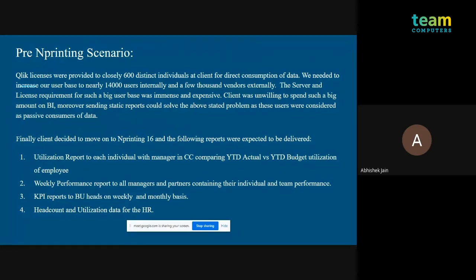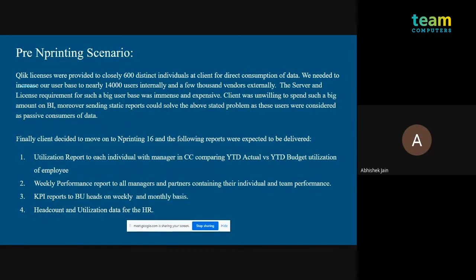And secondly, we have a weekly performance report for all managers and partners. If you are out bringing in business for the company, you need to know all your vitals: your revenue, who my debtors are, where my WIP is standing, what my DSO days are, how many hours my employees are punching in the system, and how much revenue I am accruing.